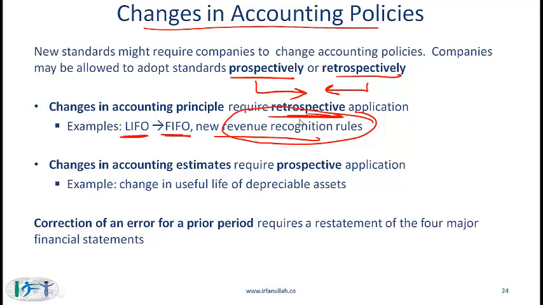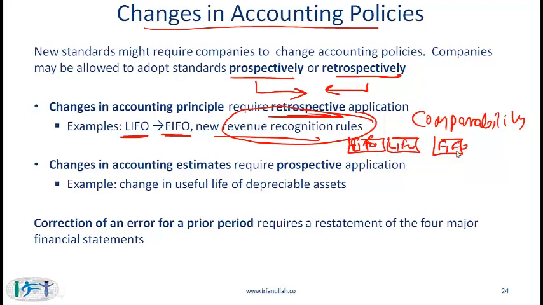If you go back to the earlier reading on accounting standards, one important characteristic is that of comparability. Obviously, you want to be able to compare numbers, expense numbers or revenue numbers from one period with the earlier periods. And if in an earlier period we are using LIFO and now we change to FIFO, that would mean that inventory related numbers on the balance sheet and income statement cannot be compared.